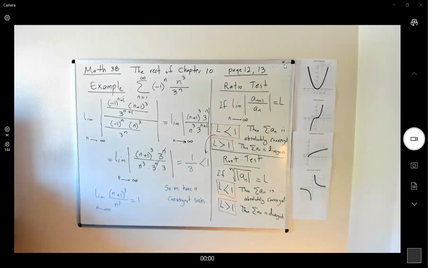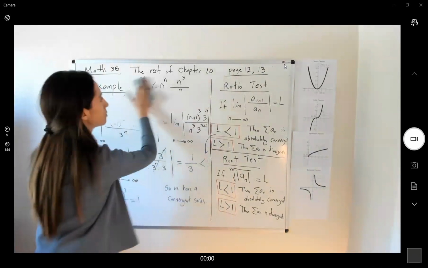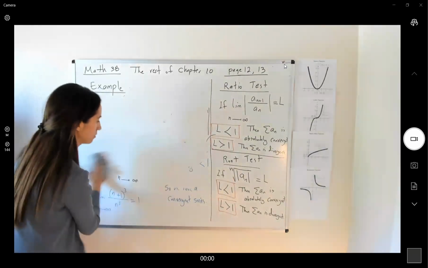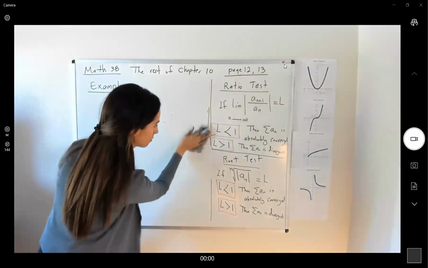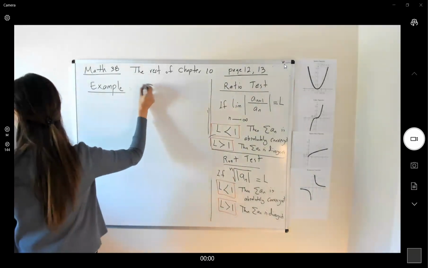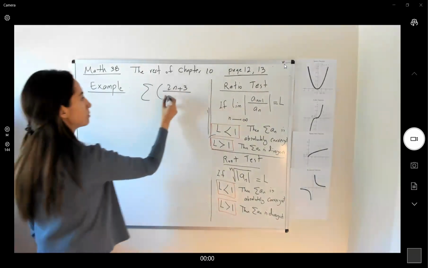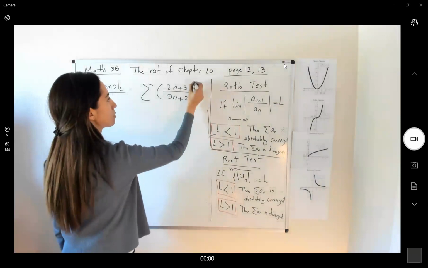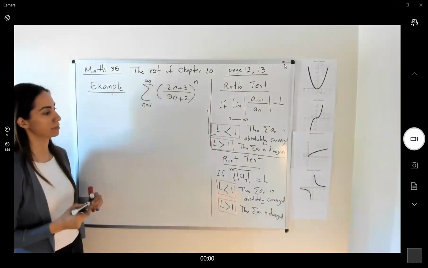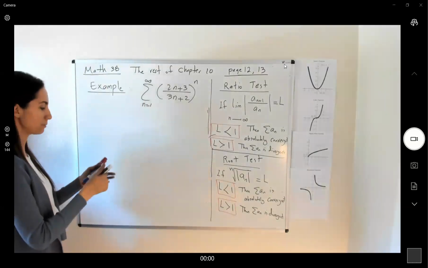One last example for you, to see how we can apply the root test. Example: you have the series of (2n plus 3 divided by 3n plus 2) raised to n, from n equals 1 to infinity. I'm going to apply my root test here.